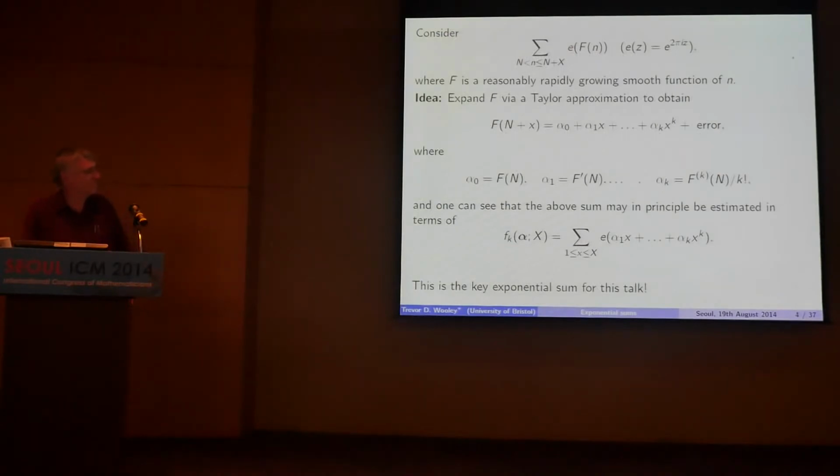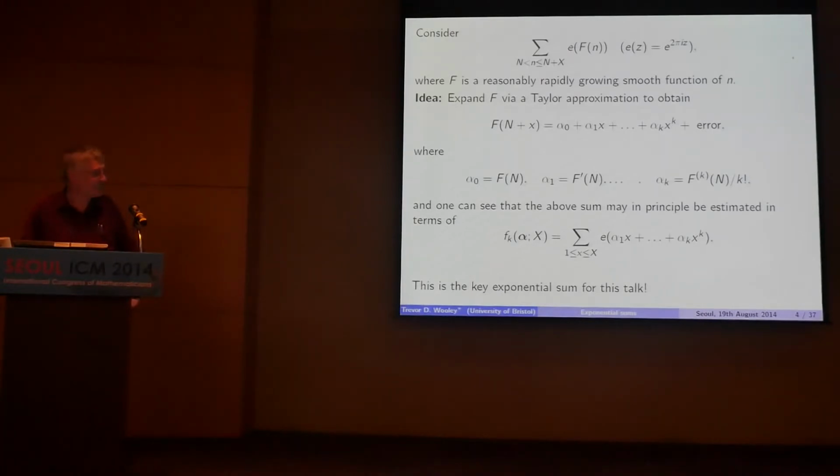So in general, you have some function capital F, which is reasonably smooth. And you can write down some polynomial expansion to F. And your function which you're trying to estimate can then be estimated in terms of an exponential sum of some degree k.